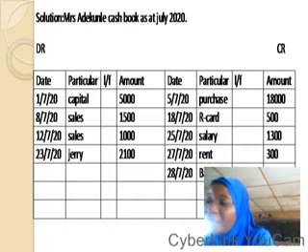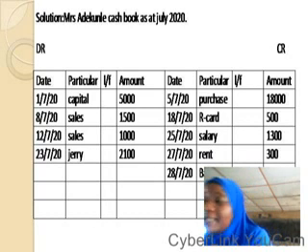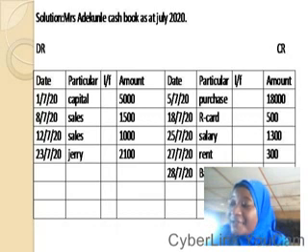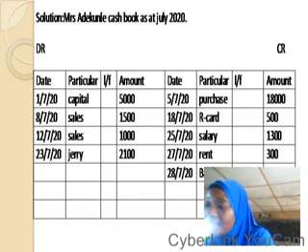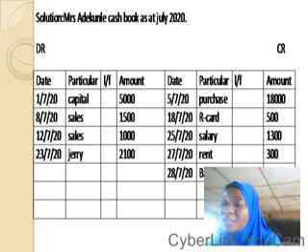You debit the receiver, you credit the giver. Let that be ringing in your brain, so that you will know how to post any account anytime you are to post one.